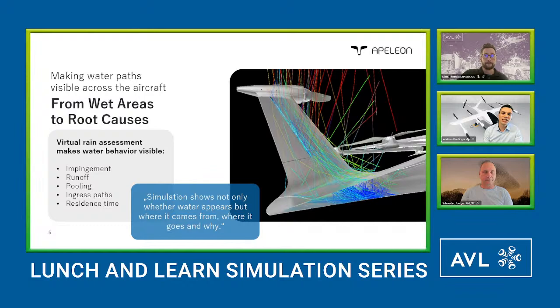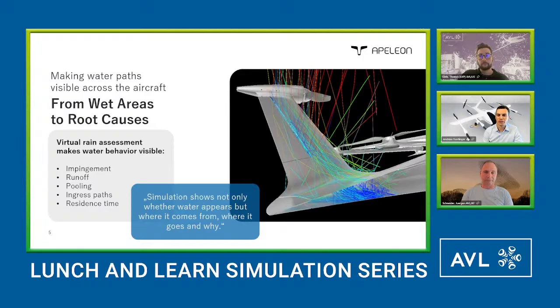make it visible. So what you see here on the slide shows the path of rainwater. In this example, it's showing an ingress between the control surface and the vertical or V-tail. It accumulates inside the fuselage if there would be a hole.